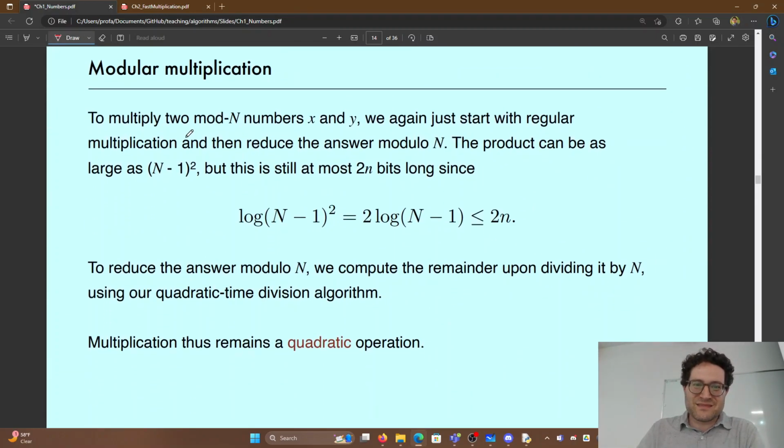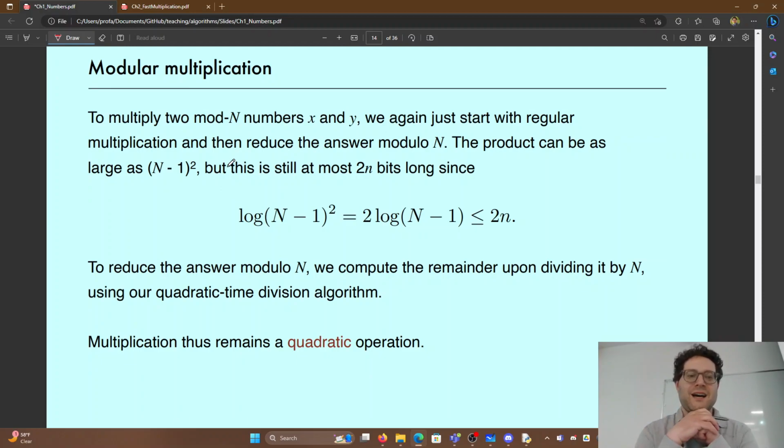All right. Similarly, for multiplying these numbers, it's also quadratic because, again, if we take our mod 11 example and we multiply 10 times 10, we get 100, okay?